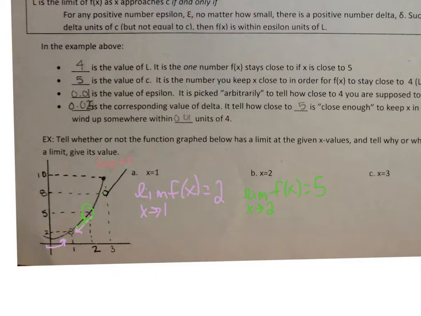Let's look at C. As x approaches 3 from the left-hand side, I'm going to go to 10. But if I approach it from the right-hand side, I'm going to go to 8. Does 8 equal 10? No. So therefore, this limit does not exist.